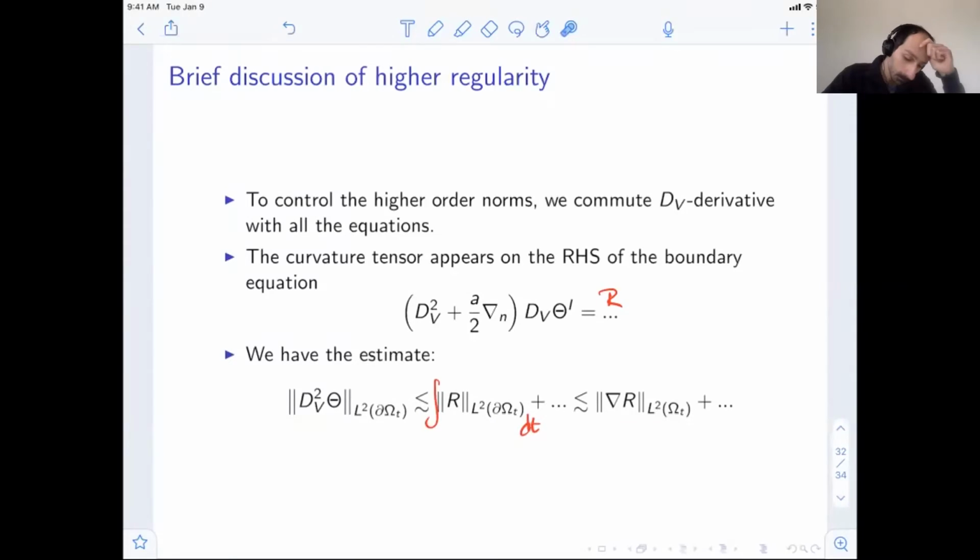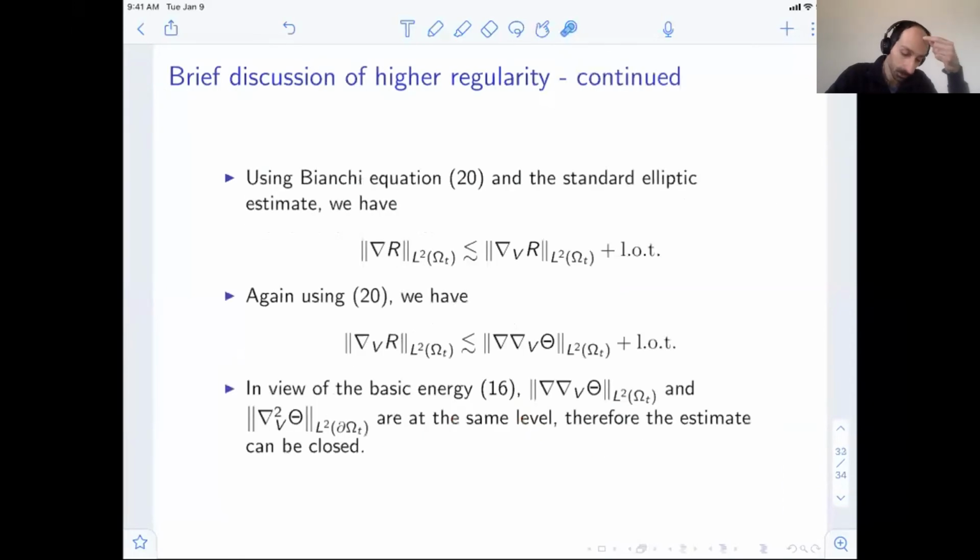Okay. So then I have to see what my curvature equation gives me control of. The curvature equation itself gives me control of the L2 norm of the curvature, but now I'm commuting 1 dv, so I will have control from my curvature equation of 1 dv of the curvature. So the question becomes, now I want to use control of 1 dv to control any derivative of the curvature.